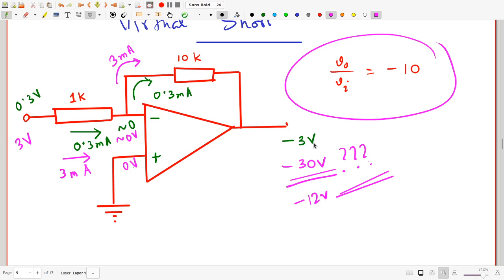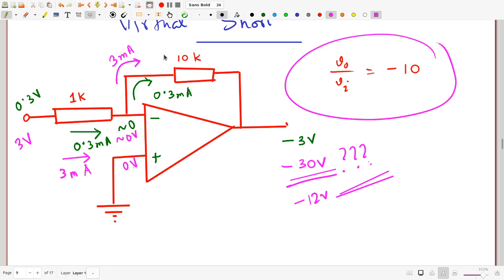Most of you may have already guessed that, and in fact, the very fact that the op-amp is actually showing minus 12 volts, minus Vsat, should immediately tell you the answer. The problem is not with the application of Ohm's law. The problem is not with the assumption that almost all the current which is flowing here is flowing here. The problem is simply with the assumption that virtual ground will work.